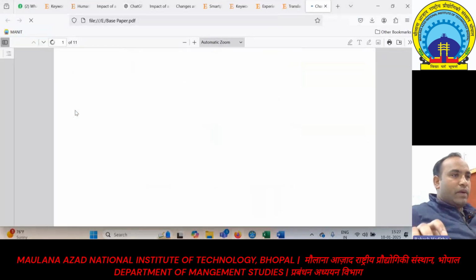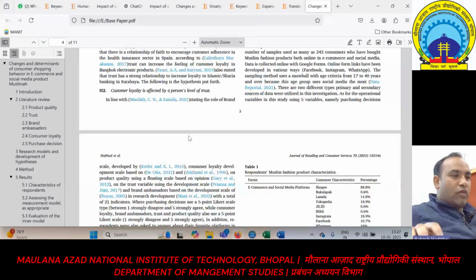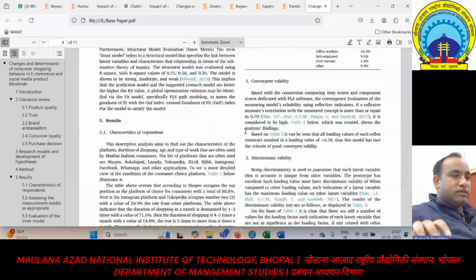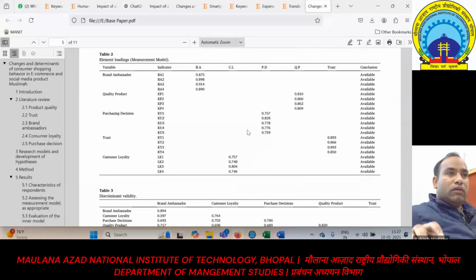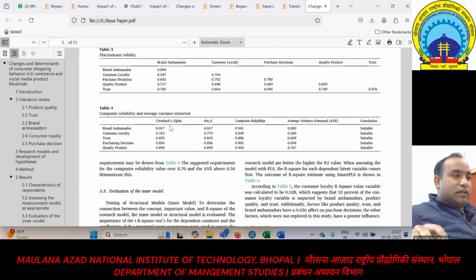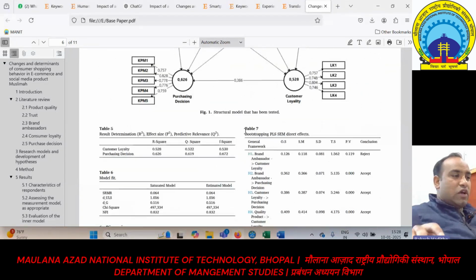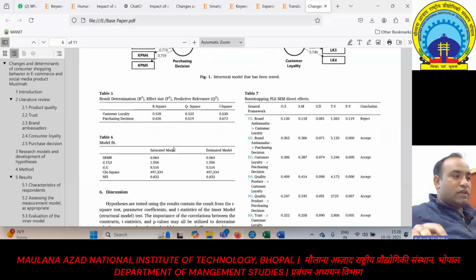In the base paper also it is the same: he proposed hypotheses, mentioned items, discriminant validity, composite reliability, and HTMT values. For this model he mentioned R square, Q square, and F square values.